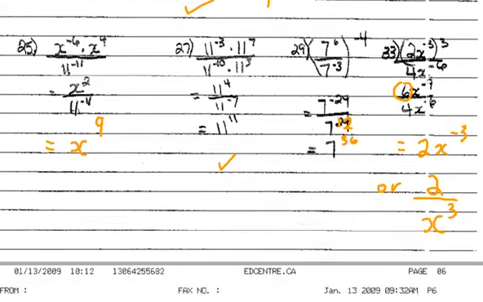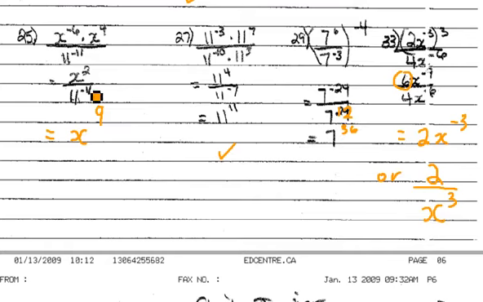Let's look at 25. This is a minus 2. Subtract negative 11, so that will give us a plus 9 here. This minus 4 applies to both the exponent 6 and the exponent negative 3.